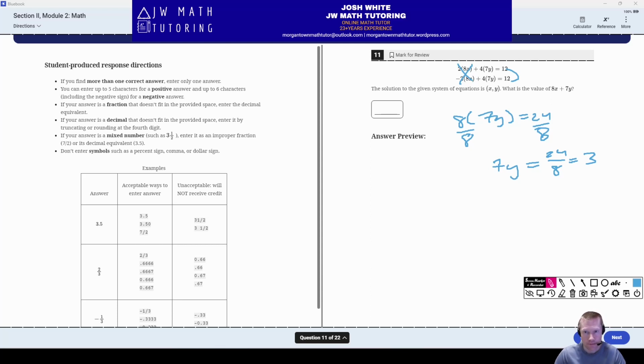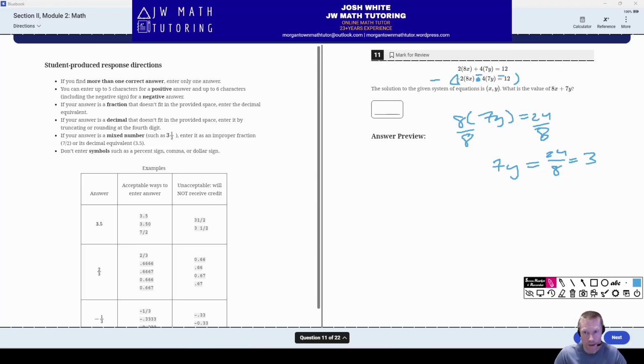Now, you could just take that and plug it into one of the expressions to get 8x. Or what I think is actually what they intend, which is the quicker, easier method, is to multiply this whole thing by -1 to flip the signs. So in other words, plus, minus, minus.